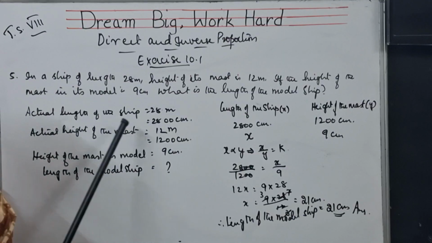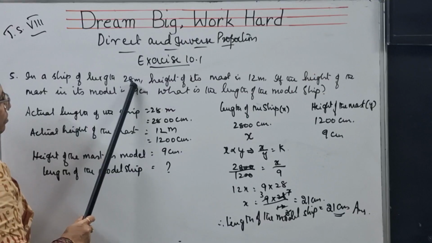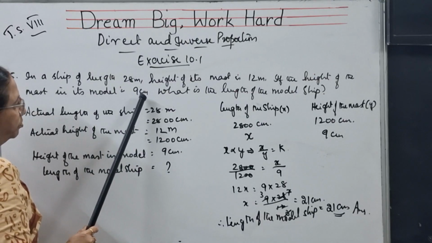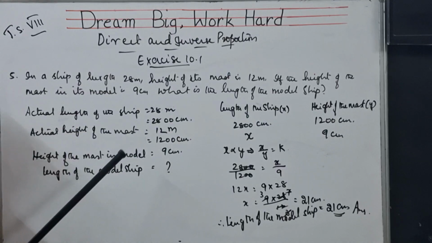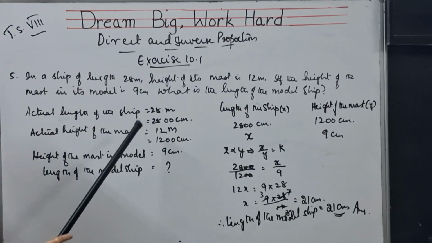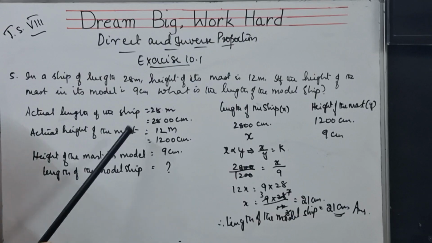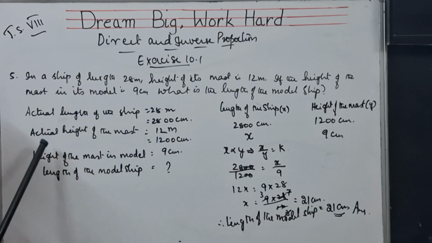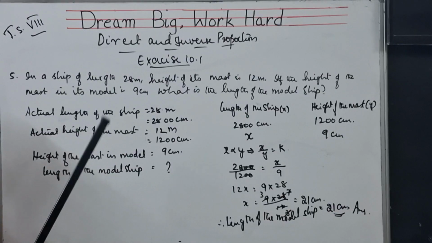So actual length of the ship is 28 meters. That means the meter should be converted into centimeters because here the model is in centimeters. We cannot take them directly like that. So I have converted 28 meters into centimeters by multiplying by 100. You know that, 2800 centimeters. So actual height of the mast is 12 meters, means 1200 centimeters.